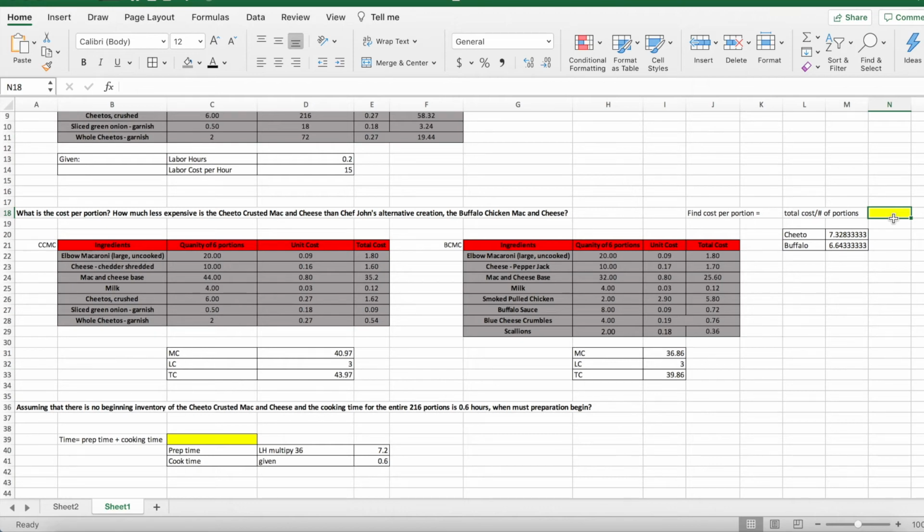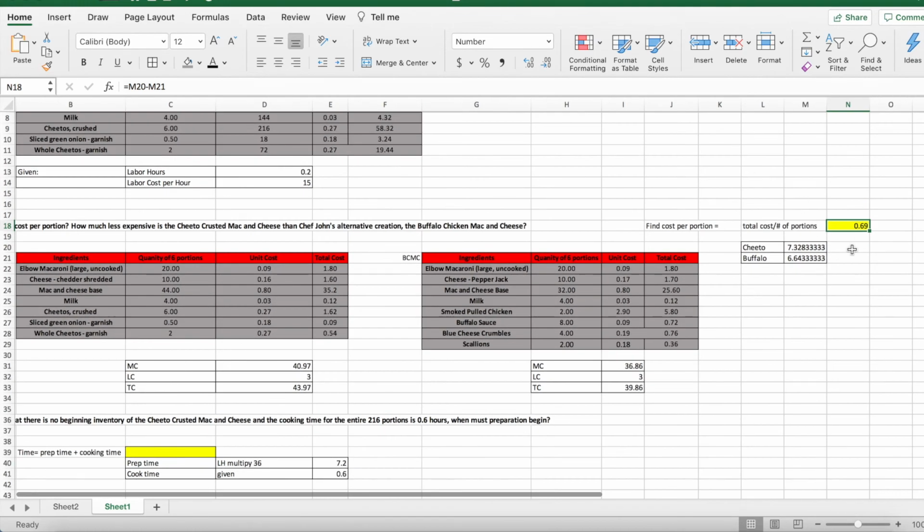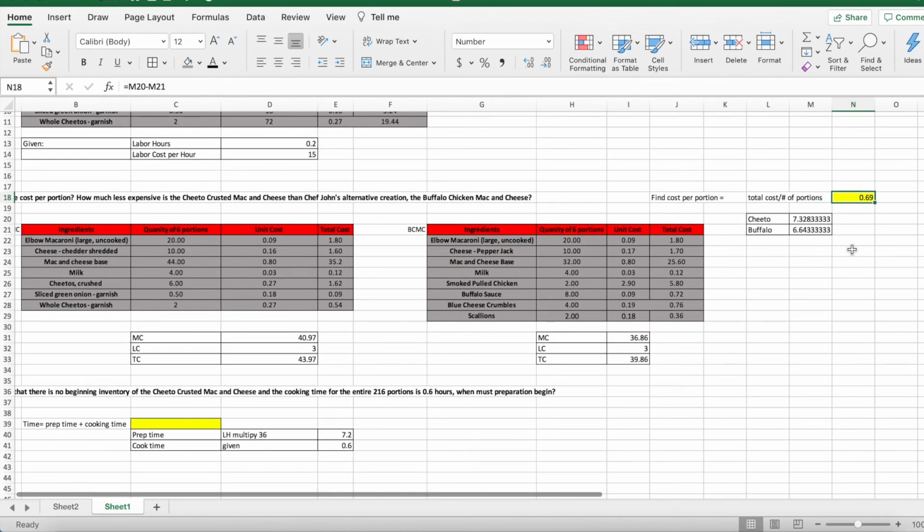So then we subtract to find the differences. And we find that it costs 69 cents more to make Cheeto crusted mac and cheese than buffalo mac and cheese.